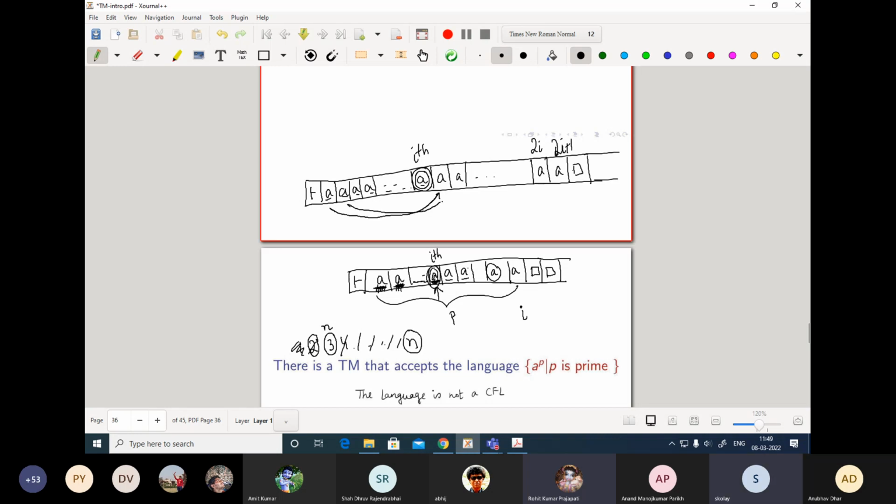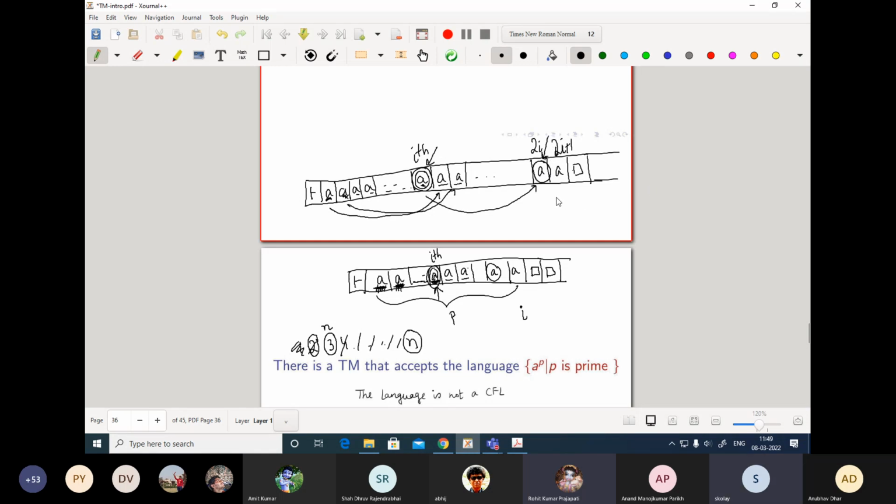Every time I match, I remove this underline to here, then this underline to here, and so on till I match this one. When I match this, I mark this with a single circle. So this double circle element is actually the prime number, and the single circle elements are the multiples of this prime number.